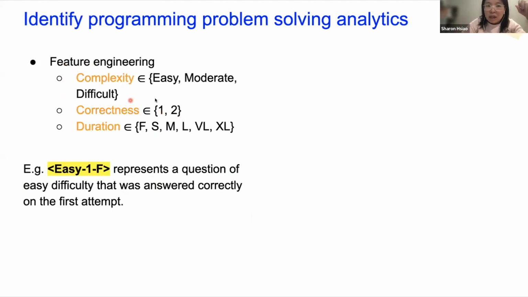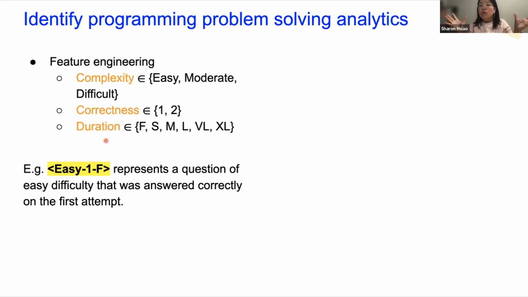In this case, the content is represented based on complexity: easy, moderate, or difficult. The correctness of the questions is labeled as 1 and 2 to see whether it's correct or incorrect. And the amount of time is extracted from the timestamps in the data logs.